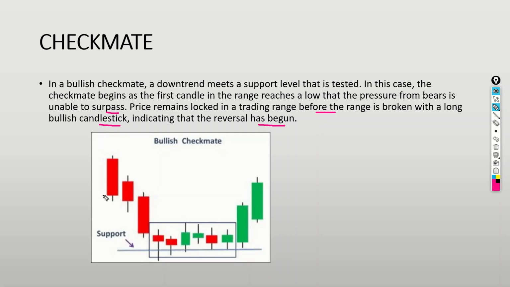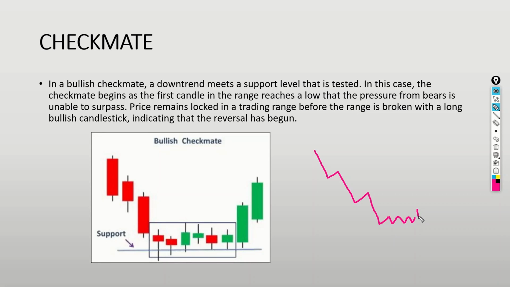So we get a series of downtrend, and then the price gets locked in a range, and then we get a bullish candle. That is what we call the bullish checkmate. So the price is in a clear downtrend, after that, the price gets in a range.